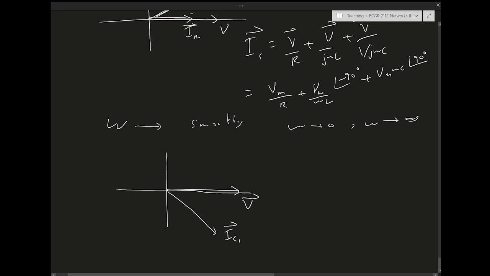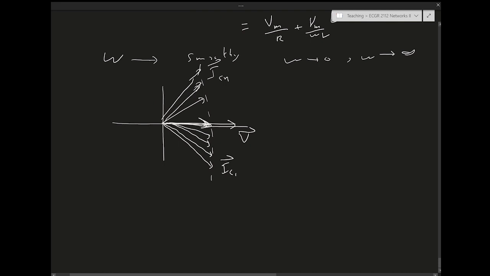But as we increase omega, IS will start changing like that, right? Until we hit a point where IS will be completely real, and then it's going to flip positive. So this is going to be ISn. This is how the phasor for IS is going to change as we increase the frequency.